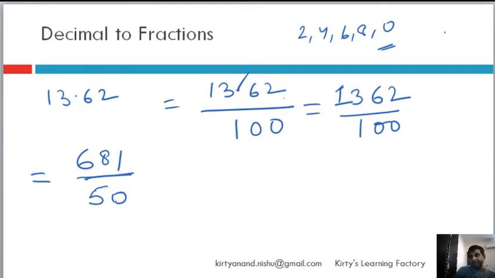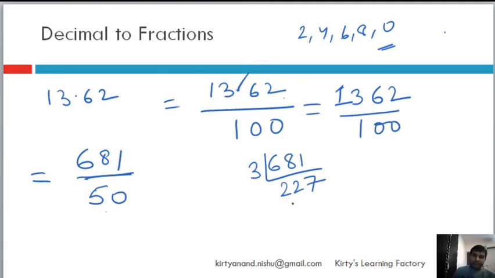So if we do a prime factorization of 55, I know that you cannot divide this number any further, but only for you I'm doing this. Let's do a prime factorization of 681. 3, 227, right? And 227, I think 227 is a prime number first of all.